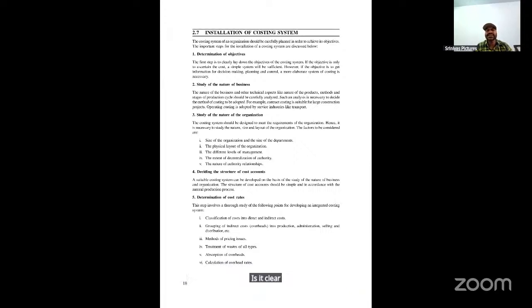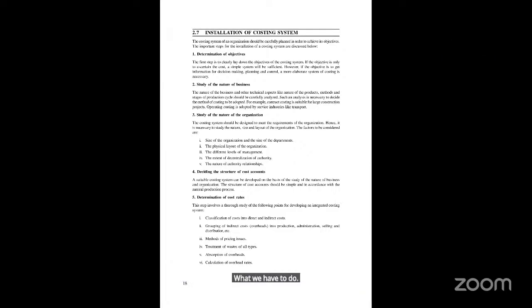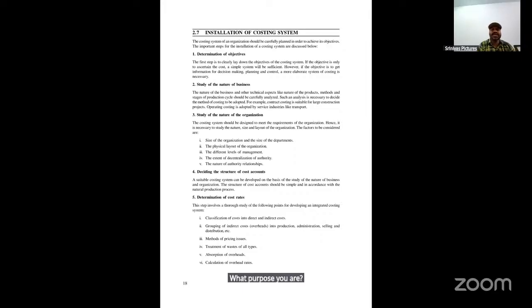Before installation of this costing system, what we have to do? First, determine the objectives. What purpose you are installing, which type of data you have to record, and what is the criteria to record the data.